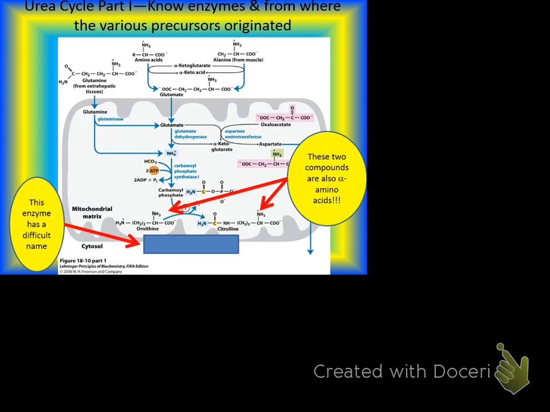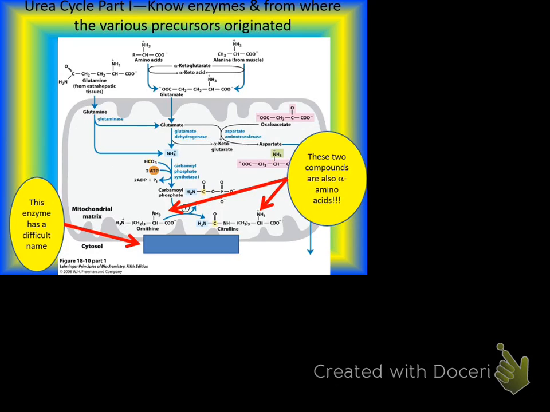It's named after, does anyone know what it's named after? What's the ornith part? A prefix for, or a word for? Birds. Yep, ornithology. So ornithine is another amino acid. It's just not used to make our proteins. And so the ornithine gets modified to become citrulline right here. Now this enzyme has a very difficult name for me to pronounce.